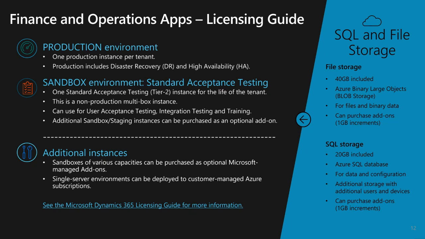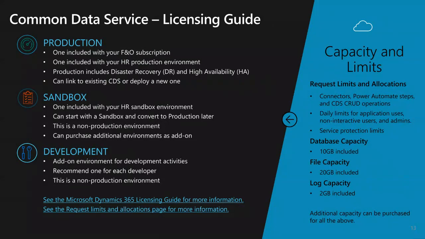So now let's take a look at the standard components that are included in the Common Data Service subscription. So with your F&O licensing, with your finance and operations applications, you will receive one Common Data Service instance that can be used as a production instance for Common Data Service.